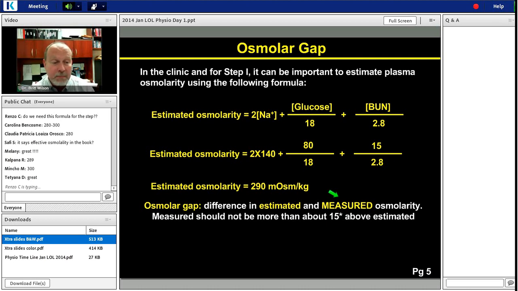You can measure osmolality. Measured should not be more than 15 above the estimate, and we did forget to put the 15 in the book, so please pin in the 15. So if I estimate it to be 290, then I'm expecting the measured to be 305 or less. They should be within 15.